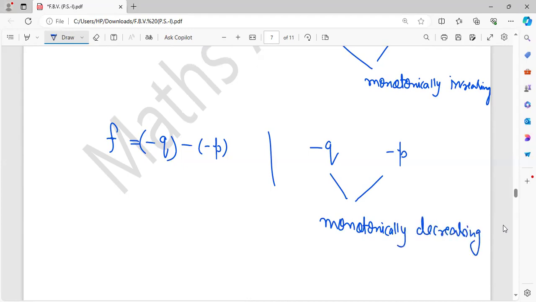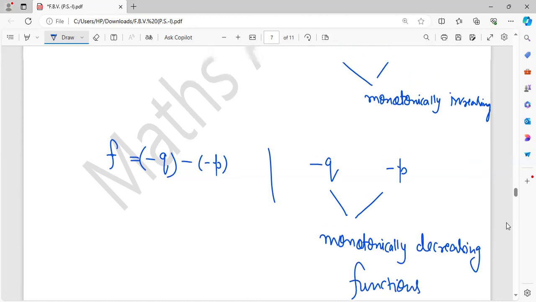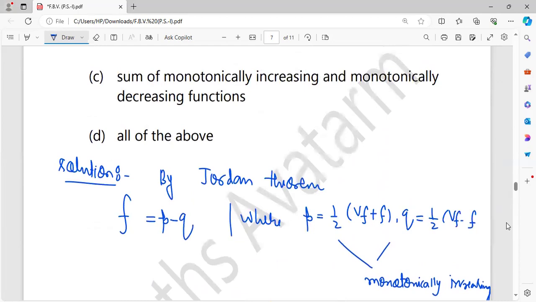So f can also be written as a difference of two monotonically decreasing functions. So option number B is also correct.